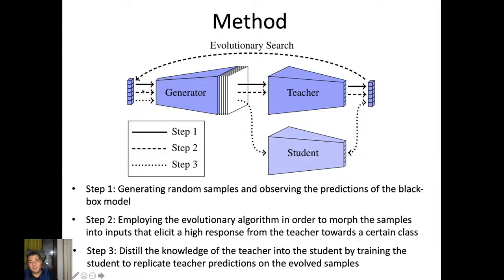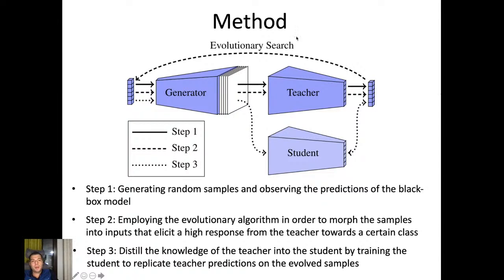In the first step, we have a random noise vector that is passed through a generator. The generator can be a variational autoencoder or a generative adversarial network or any other generative model. Then the generated example is given as input to the teacher, which produces some label.